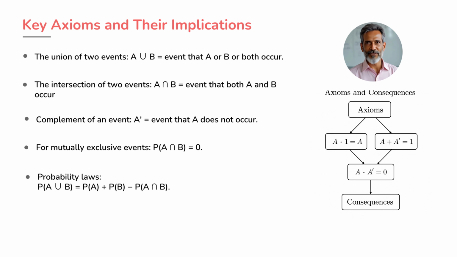Now let's look at the three axioms of probability, step by step. Axiom 1. The probability of any event A is always non-negative. In symbols, we write P(A) is greater than or equal to 0. Axiom 2. The probability of the sure event, that is, the entire sample space S, is equal to 1.